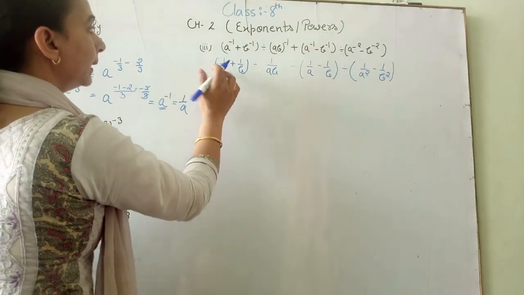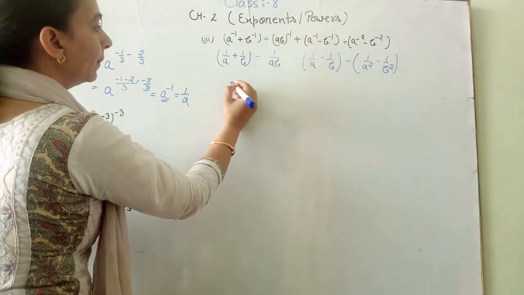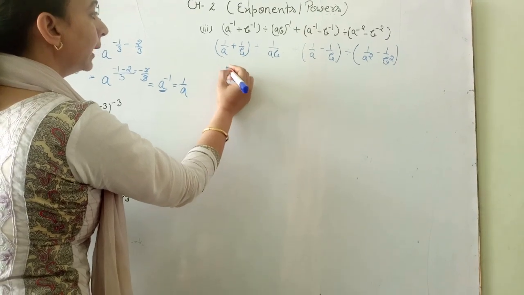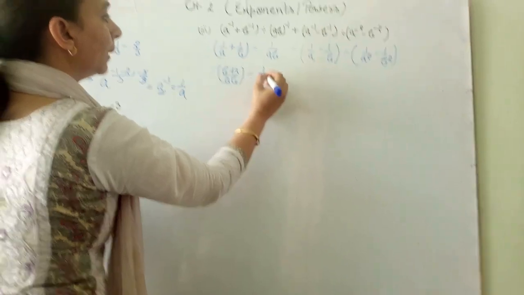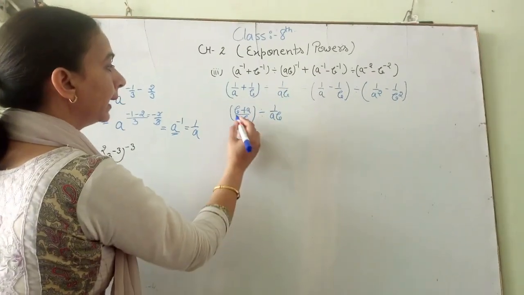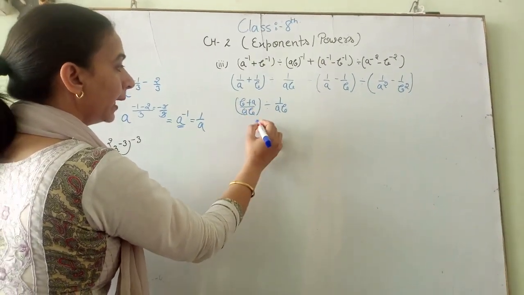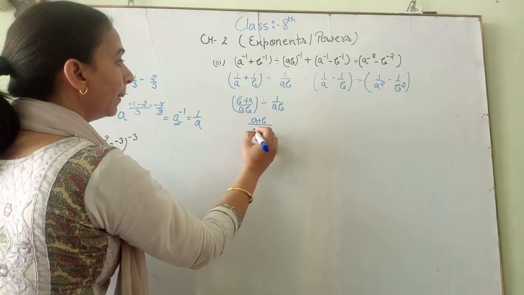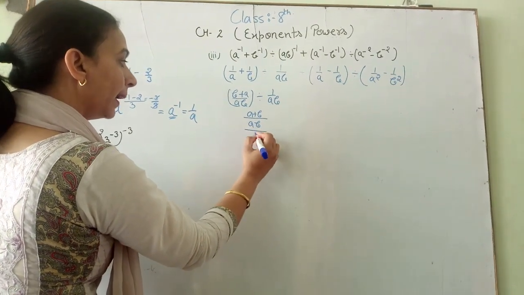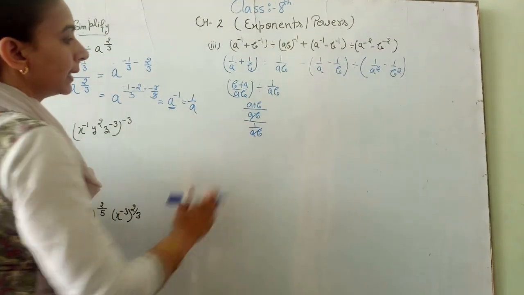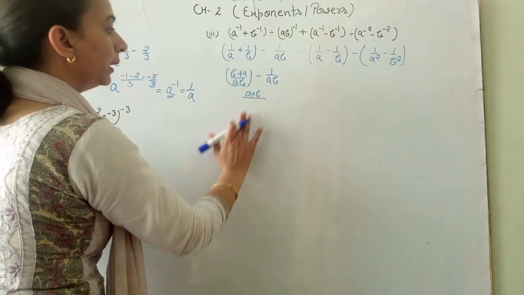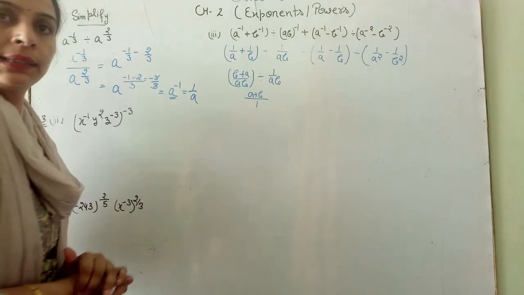We can write this. First we take the LCM ab, then b plus a divided by 1 by ab, and we can also write this as a plus b by ab divided by 1 by ab. Then ab cancels out, then only a plus b remains. Clear?